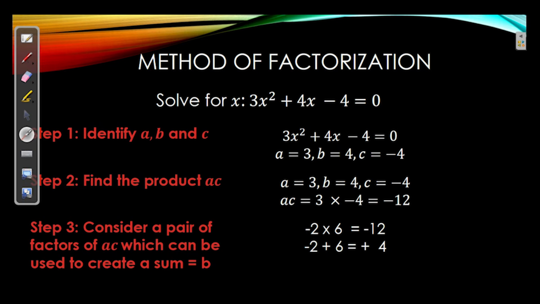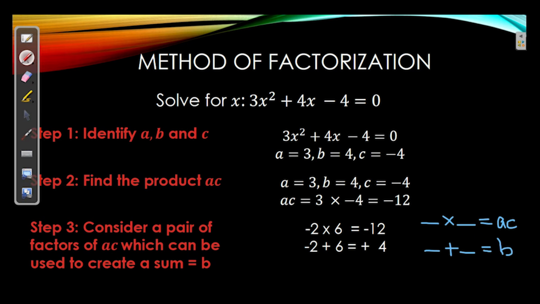So essentially what we're doing here is we must find a product of factors that gives us back the product of AC, but we must also be able to take those same two factors, add them together, and get a sum that is equal to B.